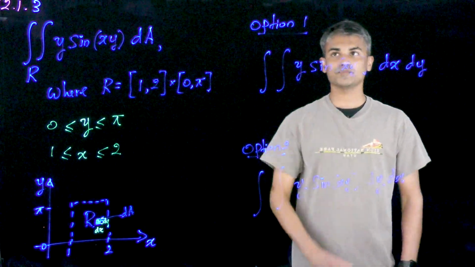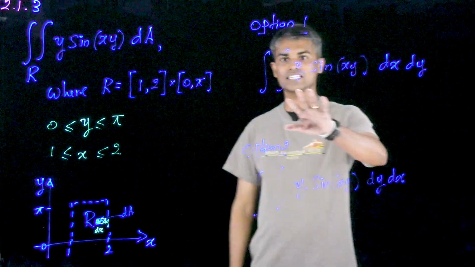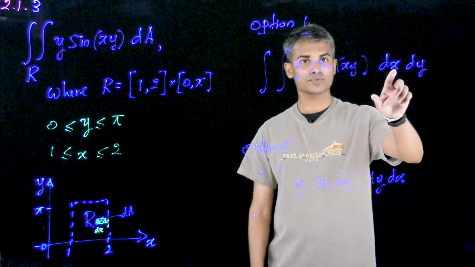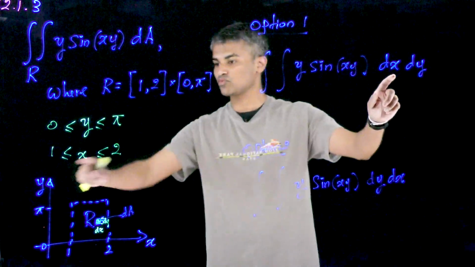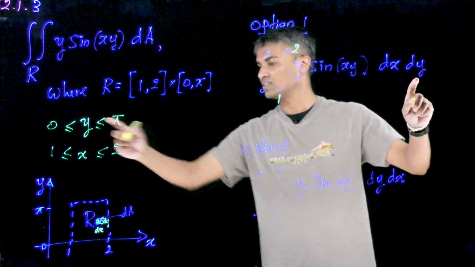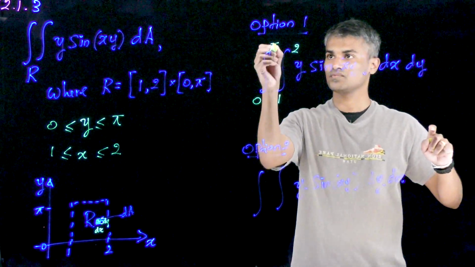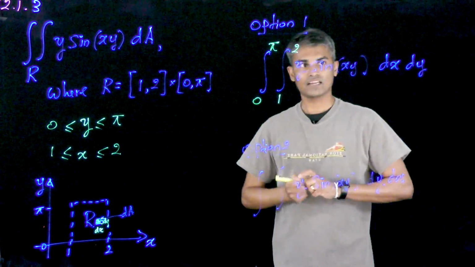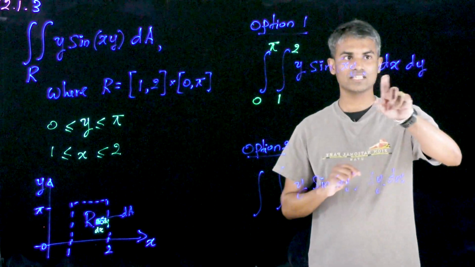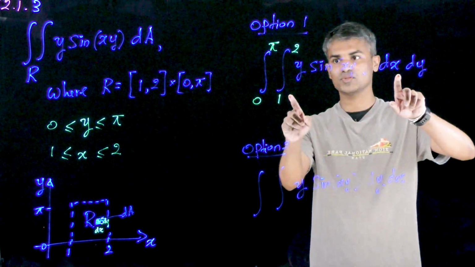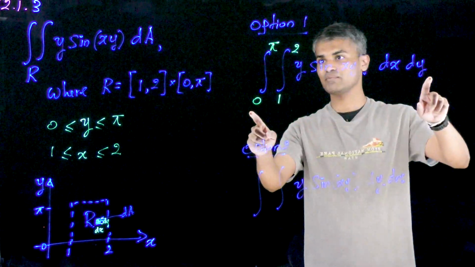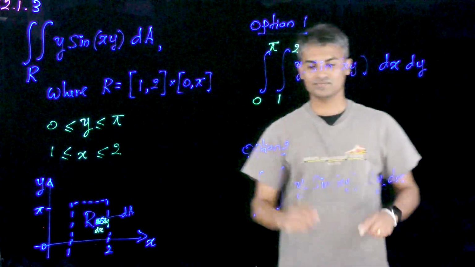Now if you think about this option 1, what are the limits of these two integrals? My inner integral corresponds to the x variable, and x goes from 1 to 2, and y goes from 0 to pi. The variables of integration are x and y, so dx dy. Inner integral corresponds to the x variable, and outer integral corresponds to the y variable, and y goes from 0 to pi.